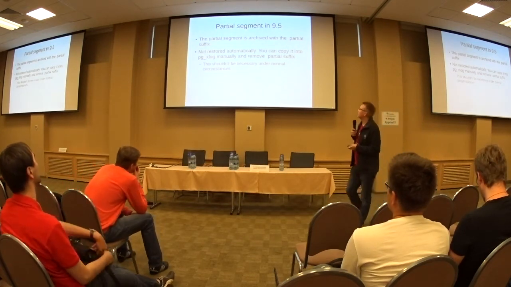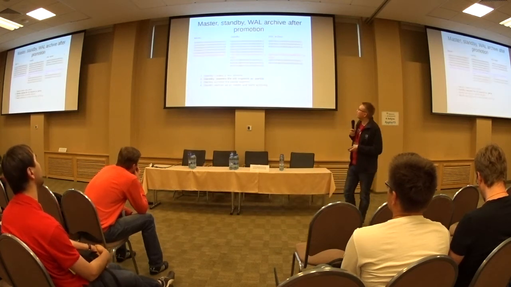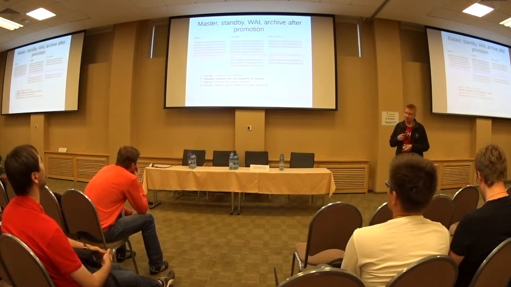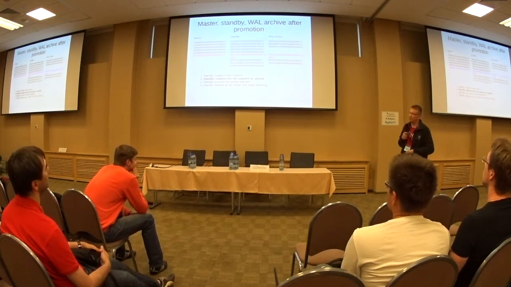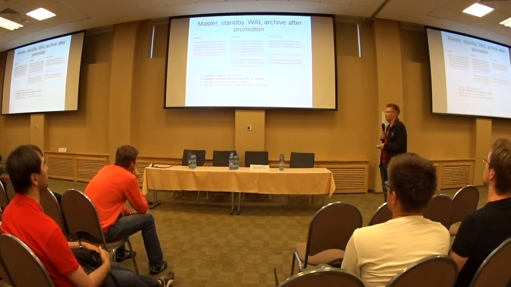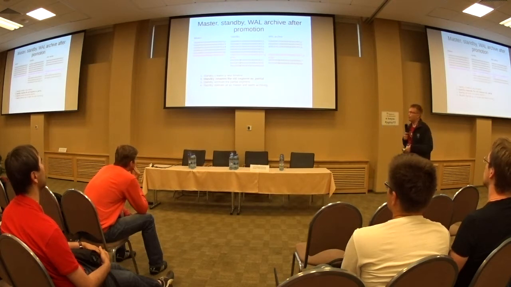But in most cases, you don't really need to. So what happens now in 9.5 is that the standby renames this latest file it was writing to or copying to .partial, and then it gets copied under that name. And now you can actually tell from the WAL archive which is which, which is great.